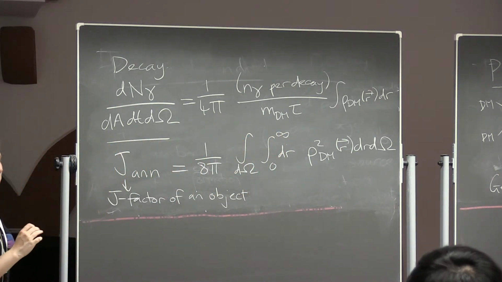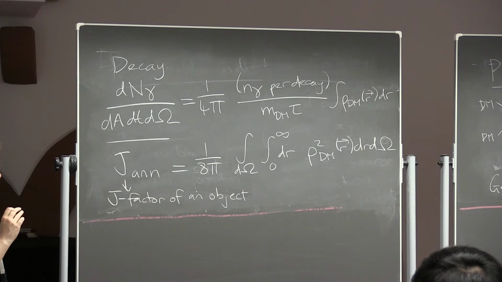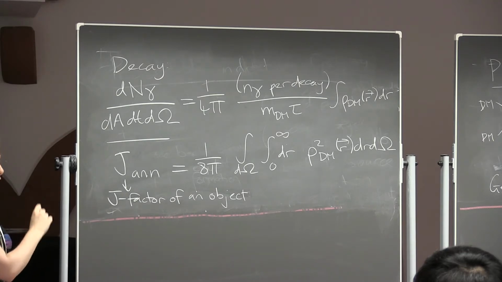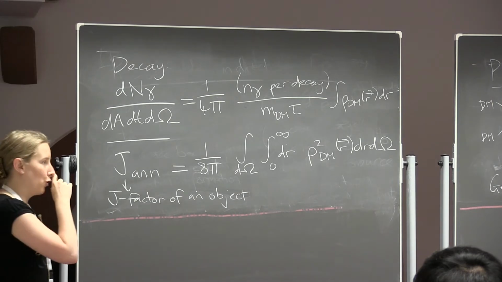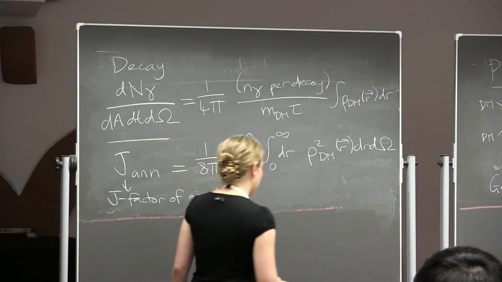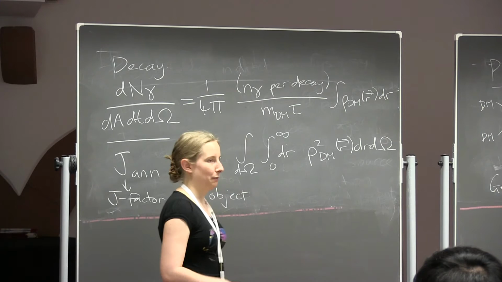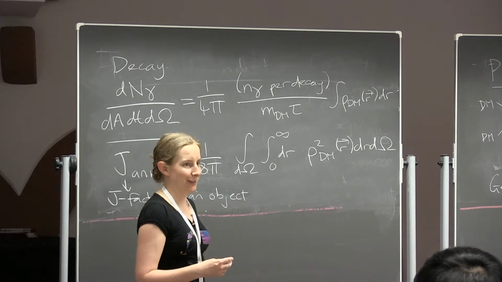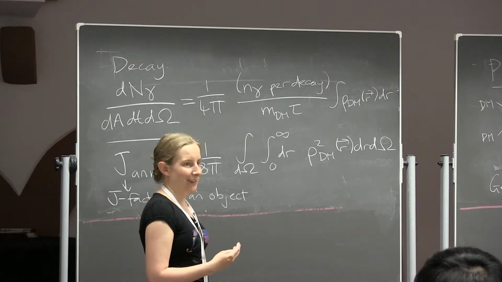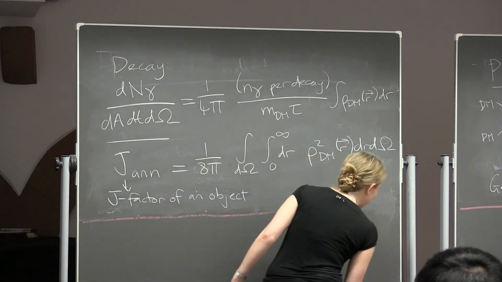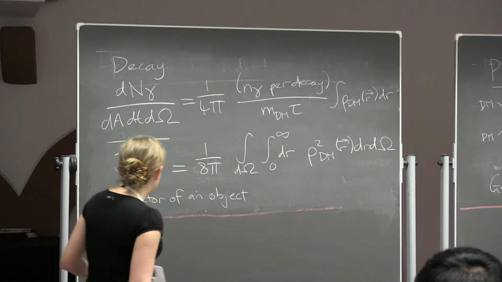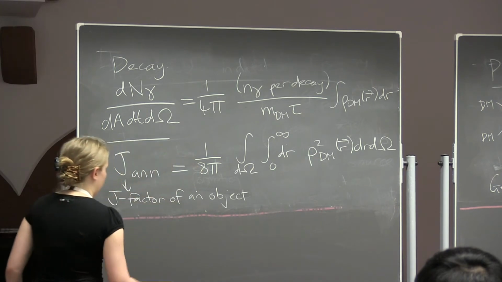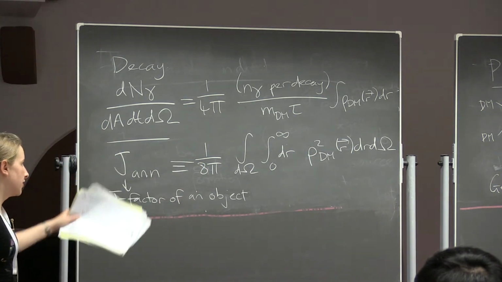I know of at least one paper where this mistake led to people setting a limit on dark matter a factor of 10 worse than they could have, because somebody thought the J factor didn't have the 4 pi in there and it actually did. Their limit was a factor of 4 pi weaker than it should have been, which wasn't discovered until somebody else tried the same analysis several years later and realized they could have set a much more competitive limit. So, this is just a definition.